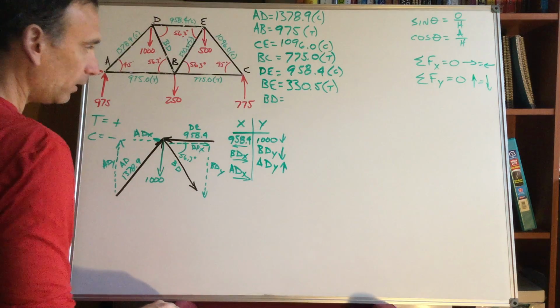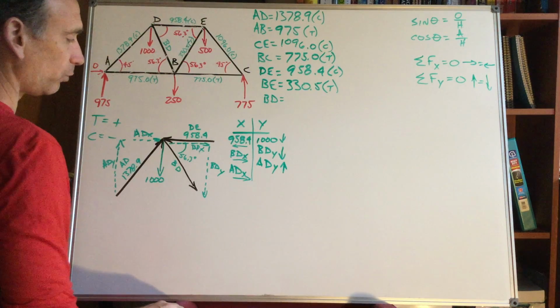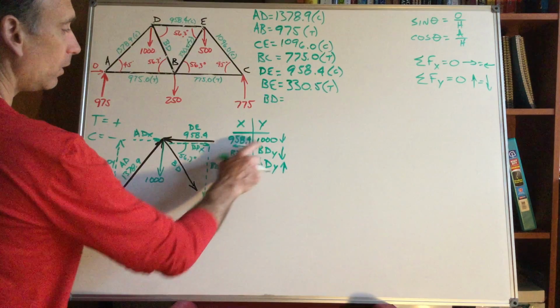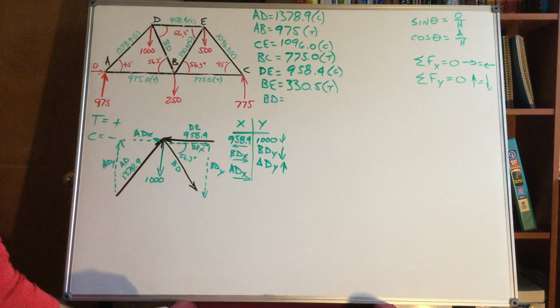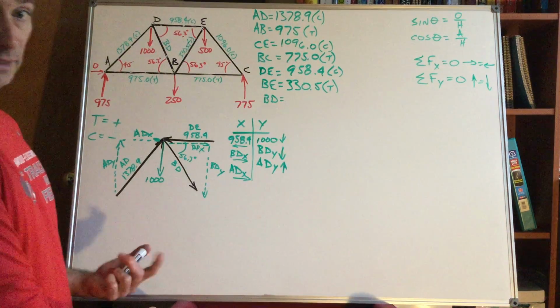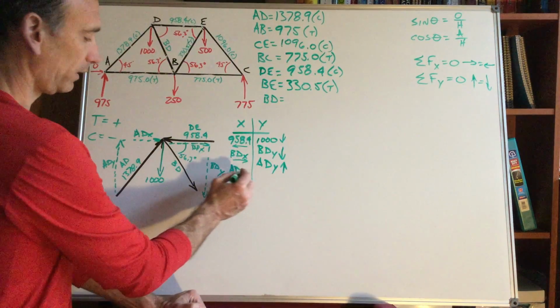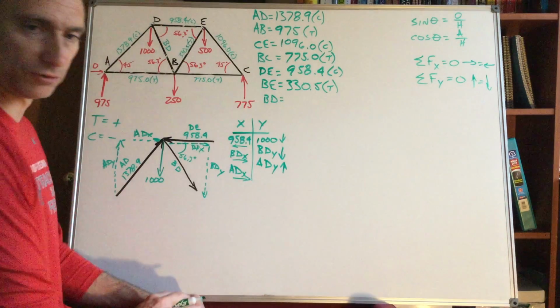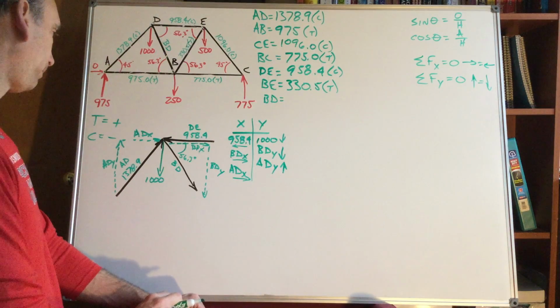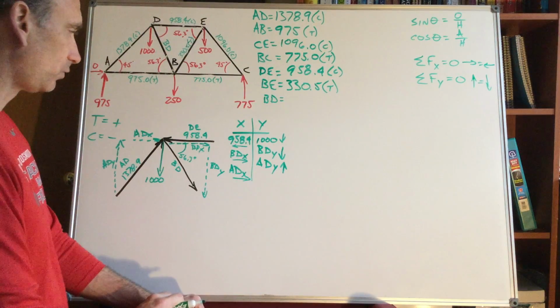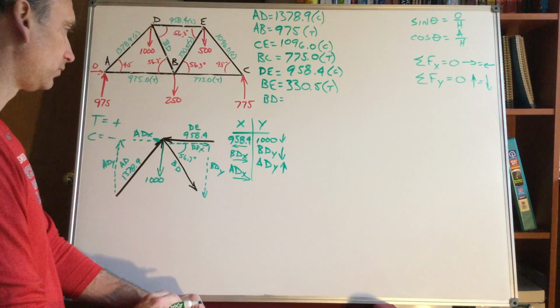Now it just depends which one we actually want to solve for. We have both of these as just one unknown, because we can easily find ADX and we can easily find ADY. So it just depends on which one we actually want to use.